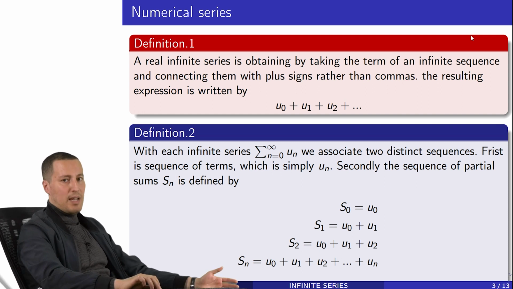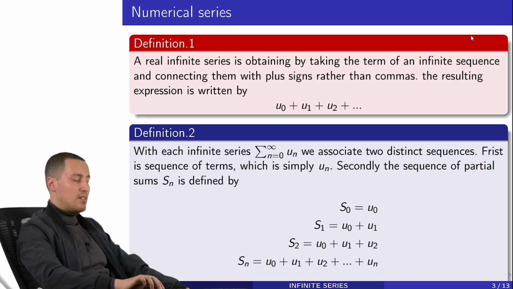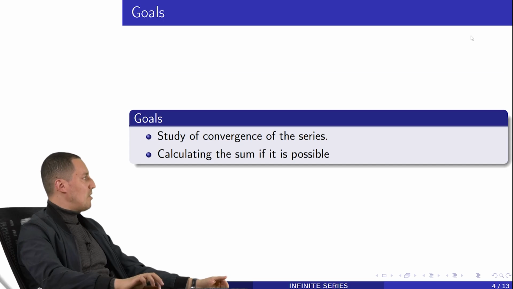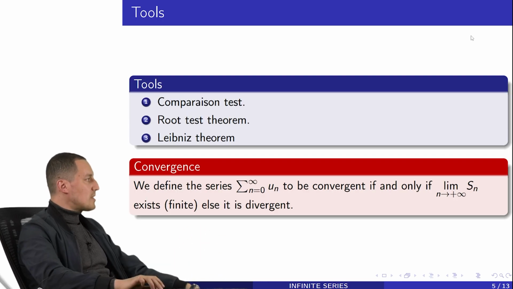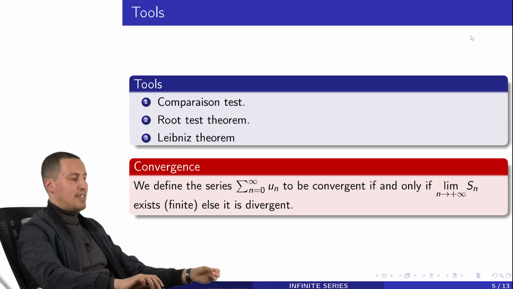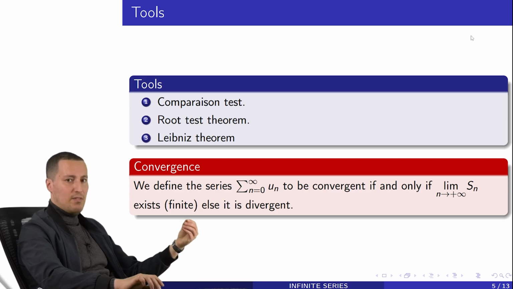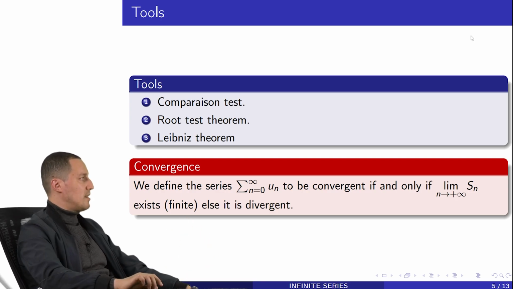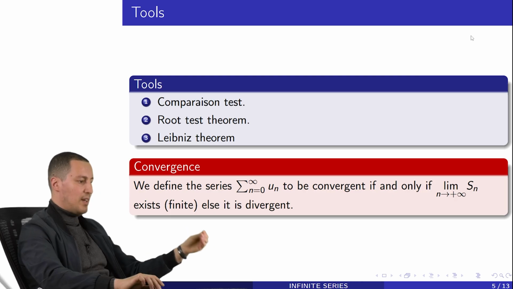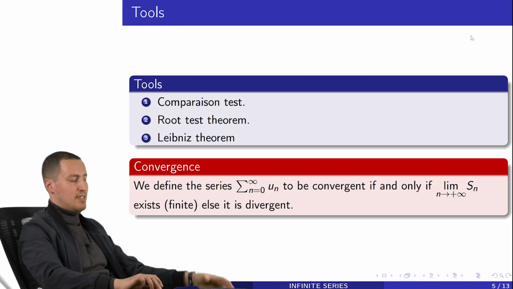The study of the behavior of the infinite series relates to the study of the partial sums. If the limit of the partial sums exists, then there exists some finite value of the sum. So the sum of the infinite series exists.